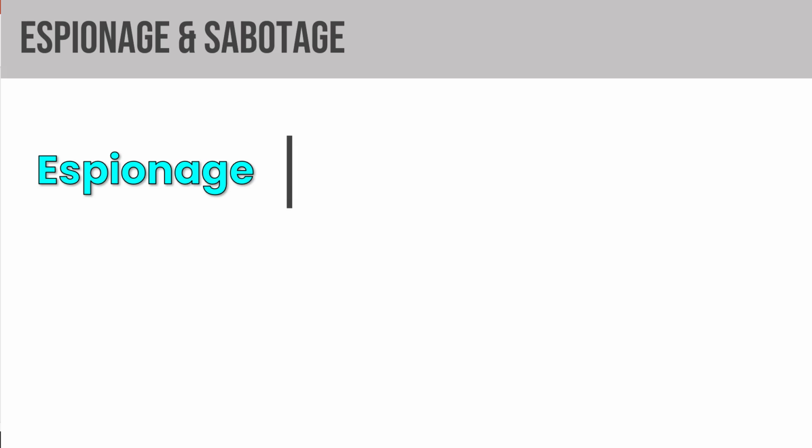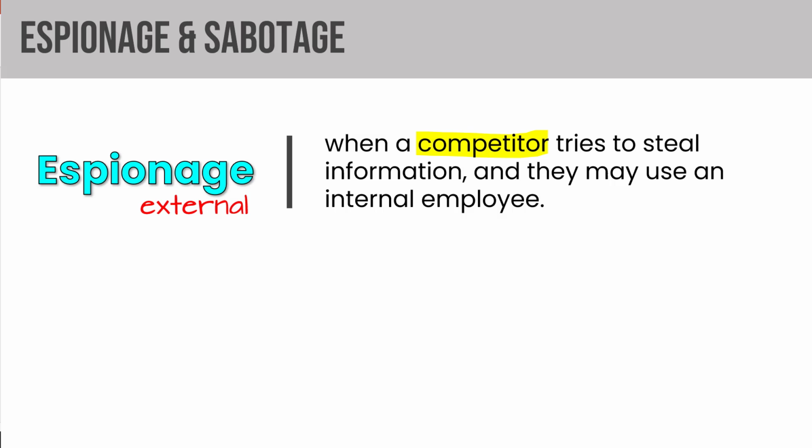So espionage and sabotage. Espionage is when a competitor tries to steal information, and they may use an internal employee, but espionage is an activity that is initiated externally.